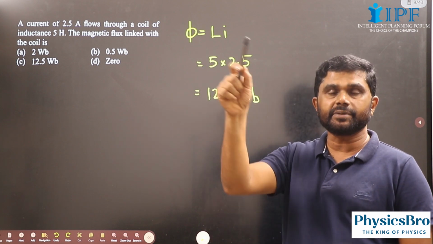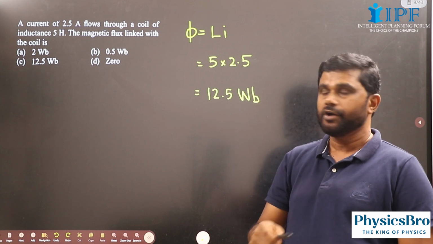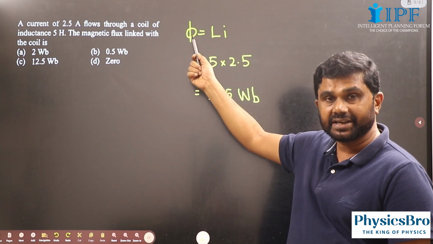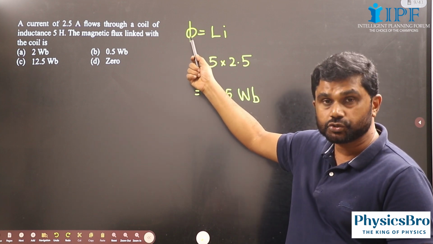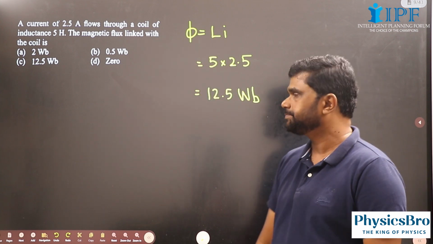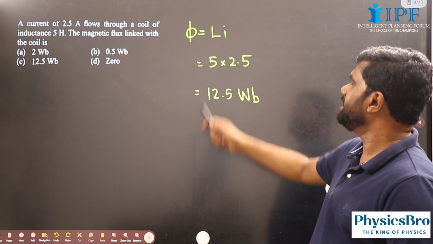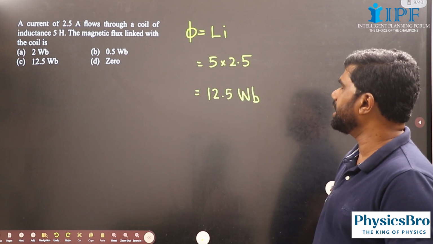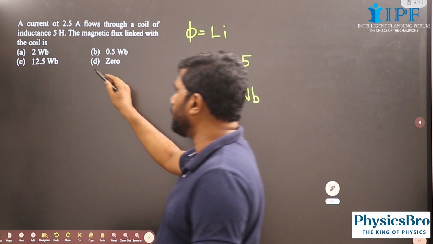P is linear momentum, dP by dt is force. Phi is magnetic flux, analogous to linear momentum in mechanics. d phi by dt is electromotive force. Okay. Now see here we have L is 5 Henry and current is 2.5, so it will be 12.5 Weber.